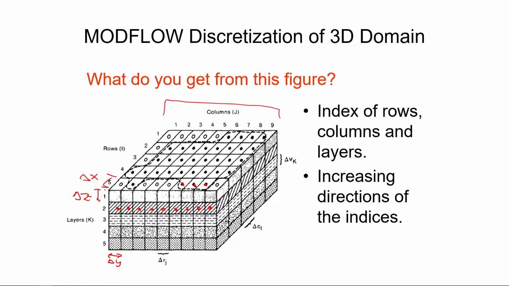So each cell has a delta x, delta y, and delta z, and they can be different. They don't need to be similar. Delta z here could be different than here, and here, and here. Same in the y direction, and same in the x direction.